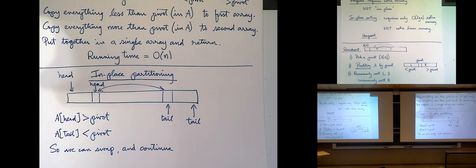So for now, let's assume all values are distinct. What you can often do is, so let me say this one way. One thing you can do is say if the head is ever equal to the pivot, it moves, but the tail always has to be strictly greater than the pivot to move.